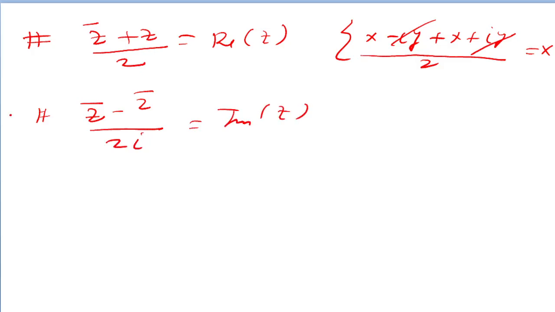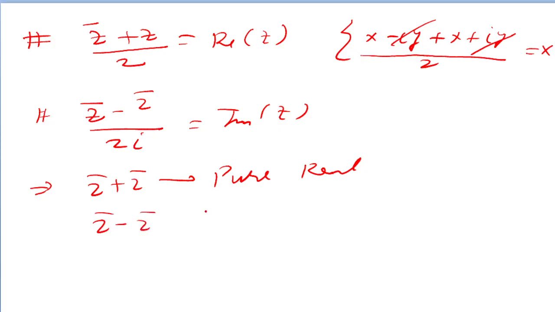Okay, so we can say that z bar plus z is a pure real number, whereas z bar minus z is a pure imaginary number, because we can check why it is happening.